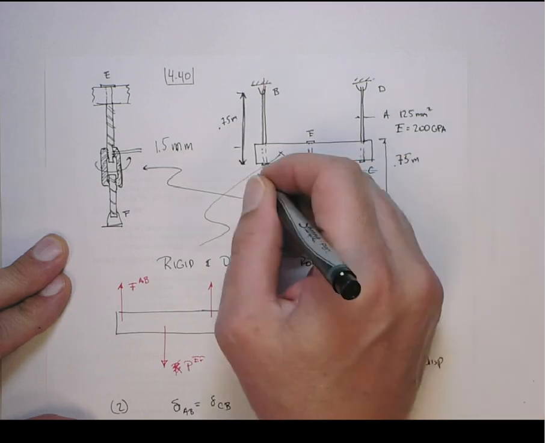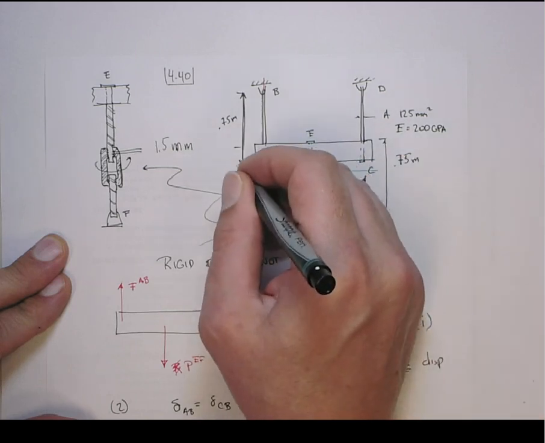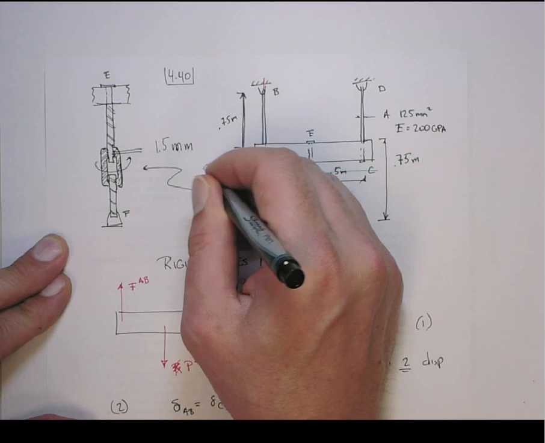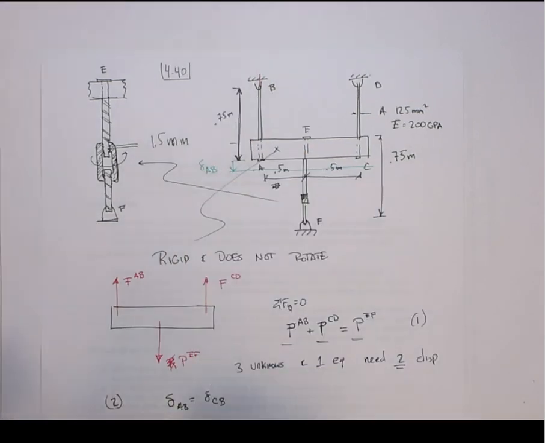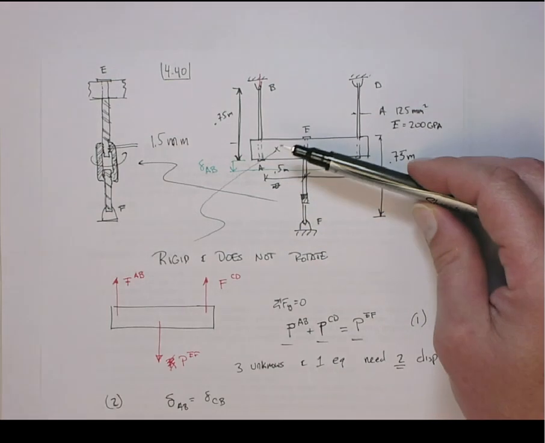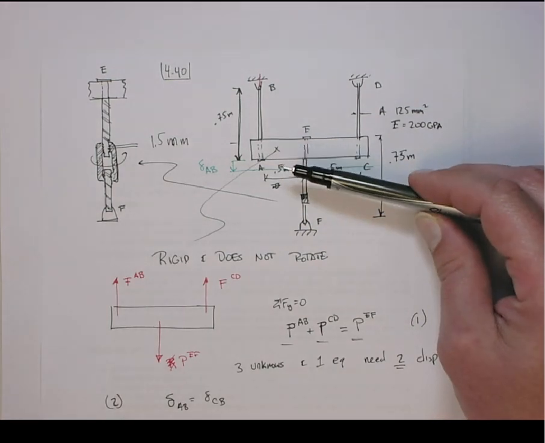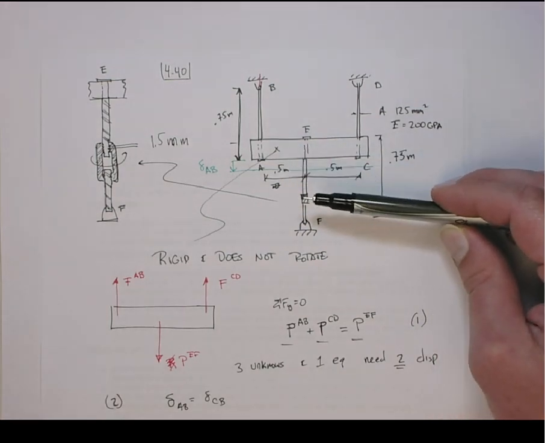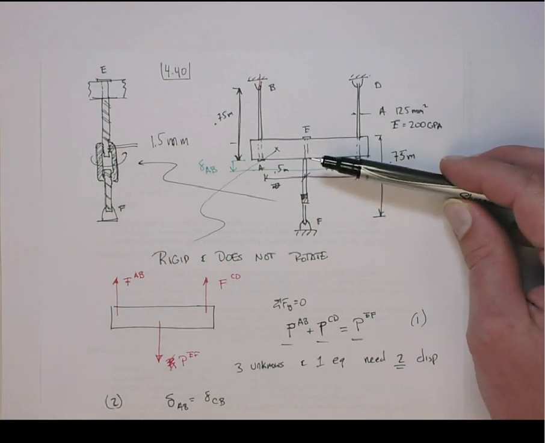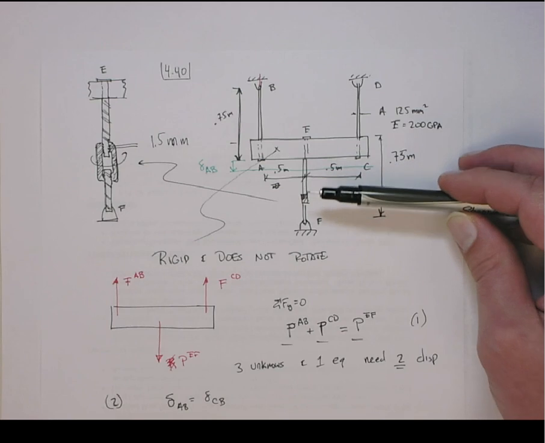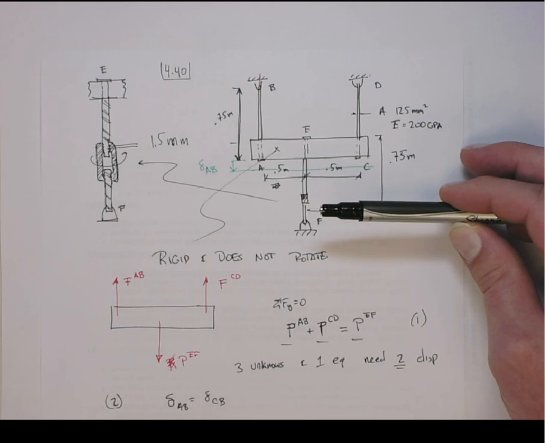Let me try to draw this right on top of this thing. That would be delta AB. It would move that down. Now, forgetting the turnbuckle, that would mean that element EF would compress by that same amount.